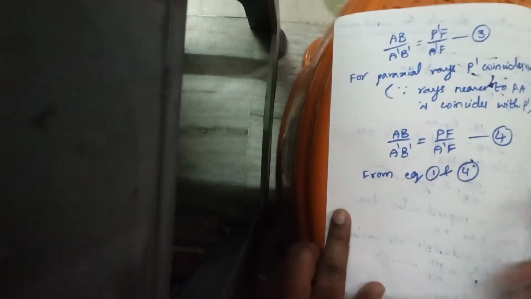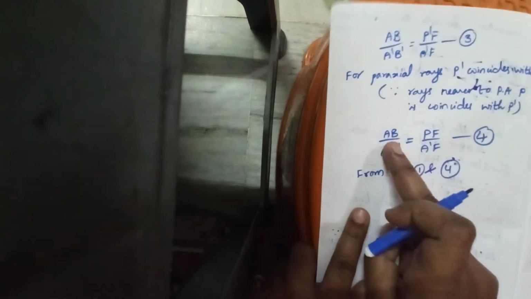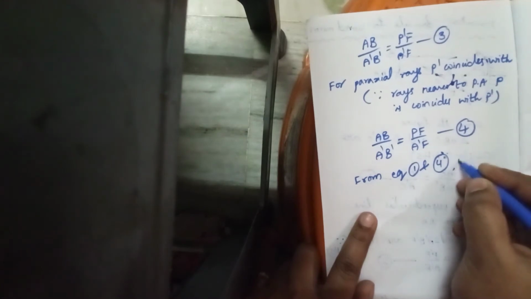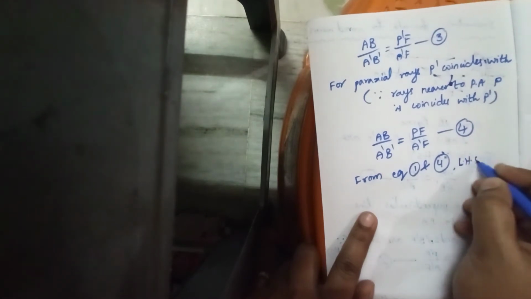So left hand side is AB by A dash B dash, and in the case of equation number 4, left hand side is AB by A dash B dash. Left hand side is same for equation number 1 and 4. LHS is same.